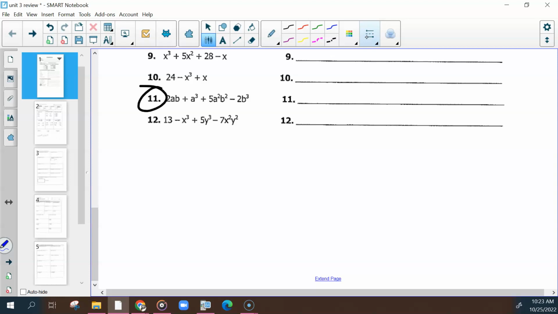Is that our highest exponent? So not that one, not 5a squared b squared. A to the third. It's also the only one with a by itself, so that one would have to go first.